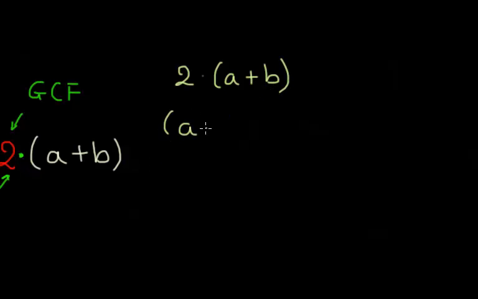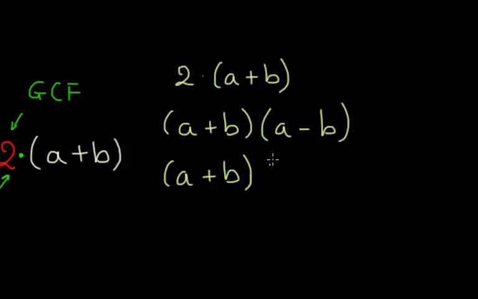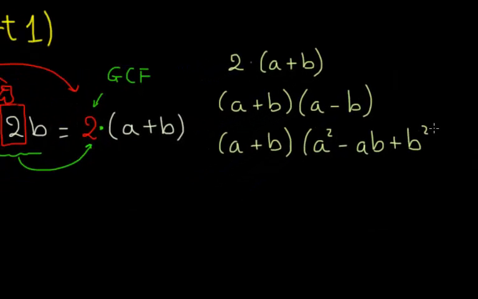It may also be a binomial times a binomial, let's say a plus b, a minus b. And it can also be a binomial times a trinomial, a plus b, let's say a squared minus ab plus b squared.